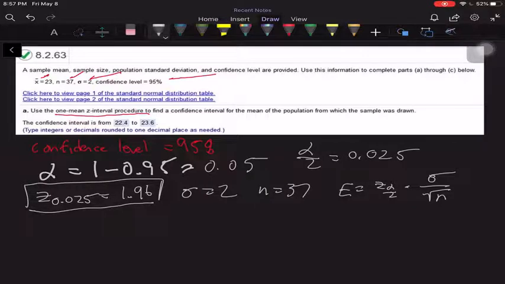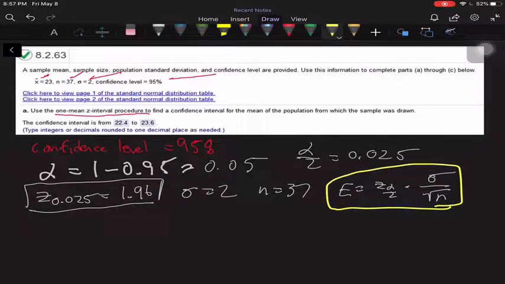So we take our critical value of 1.96, the population standard deviation of 2 that was given, and the sample size of 37 that was given, and we're going to plug it all into our margin of error formula here. Plugging it in, we get 1.96 times 2 divided by the square root of 37.